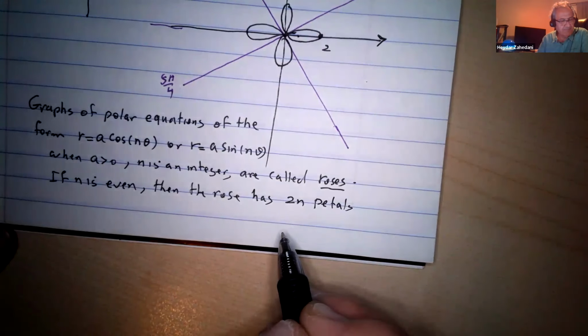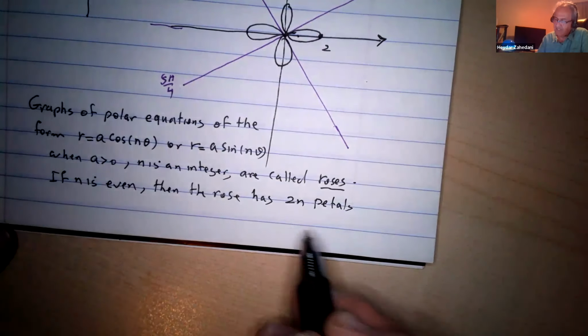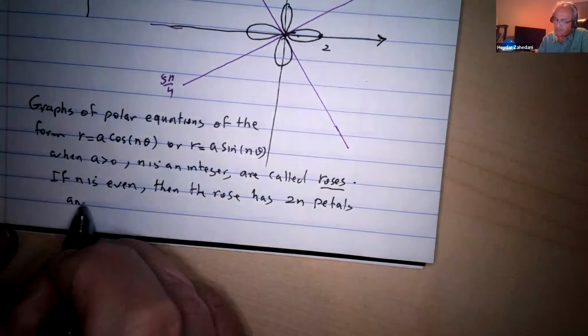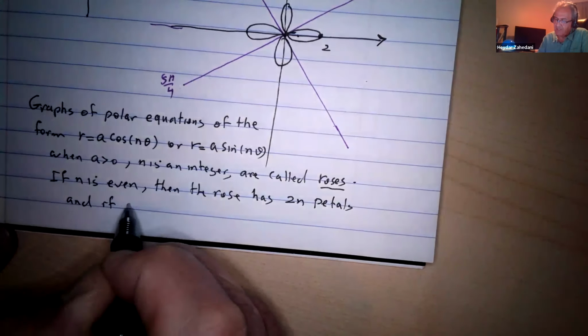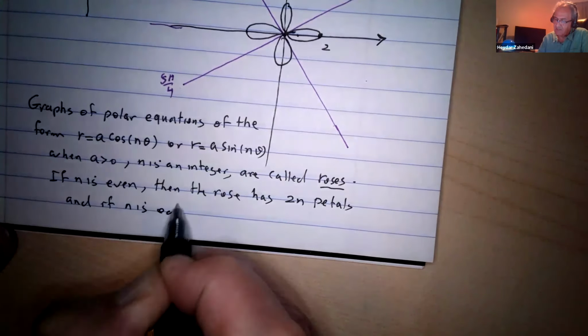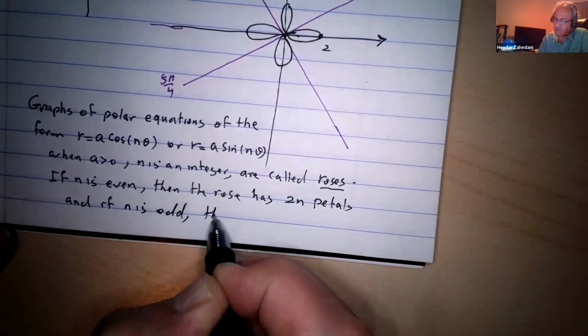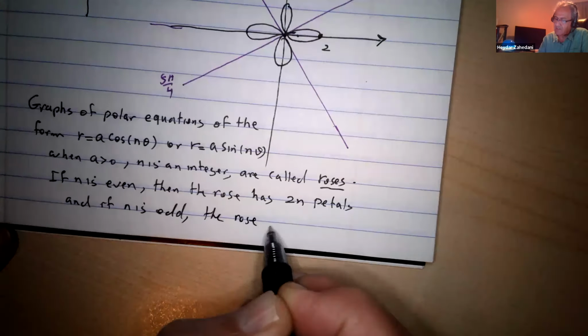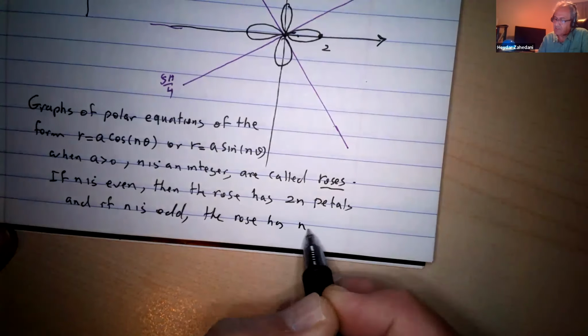And if n is odd, then the rose has n petals.